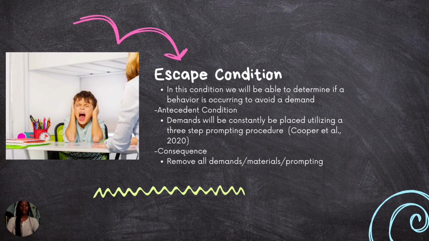So, in the antecedent condition, we will be constantly placing a demand using a three-step prompting procedure. If the behavior does occur, we will remove all attention, all demands, materials, and prompting. Excuse me. We're not going to remove all the attention. We're going to remove all the demands, material, and prompting.